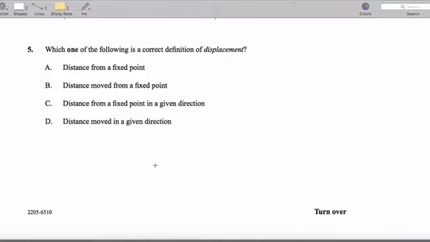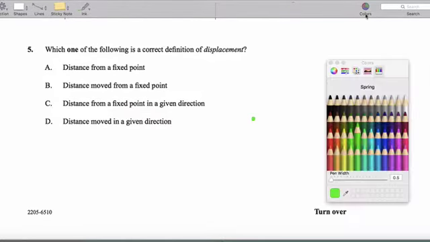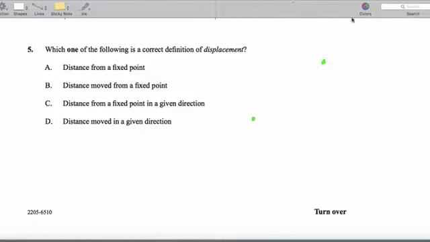Now, which one of the following is a correct definition of displacement? So let's be clear on what displacement is. So let's say I start here and I move to, say, here.